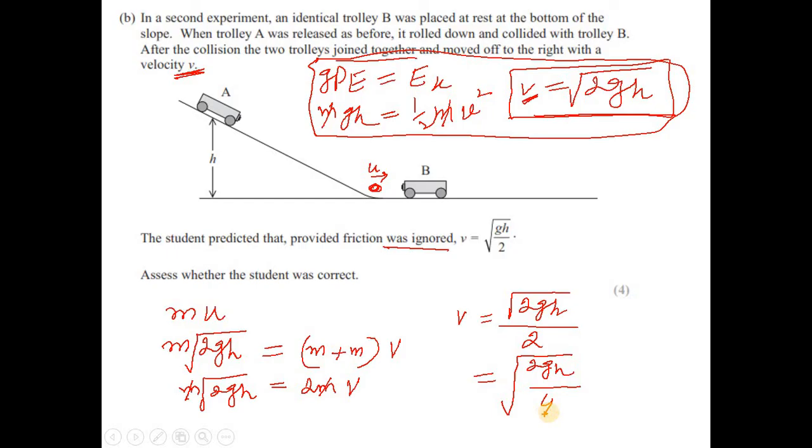Now the 2 and this 4 get cancelled, so underneath we have a 2. So v is equal to finally the root of gh upon 2. So you must write your statement: yes, the student was correct.